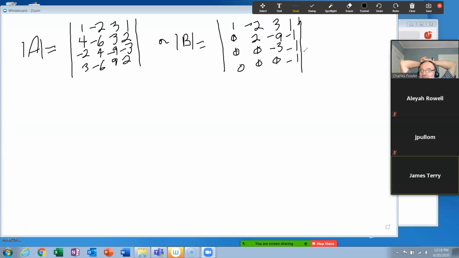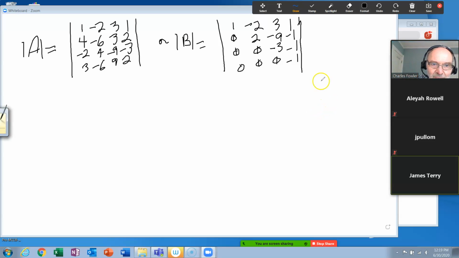Which one? Matrix B for sure, because that's an upper triangular matrix. Any triangular matrix, you just multiply the elements in the main diagonal, which would be 6. That determinant would be 6.